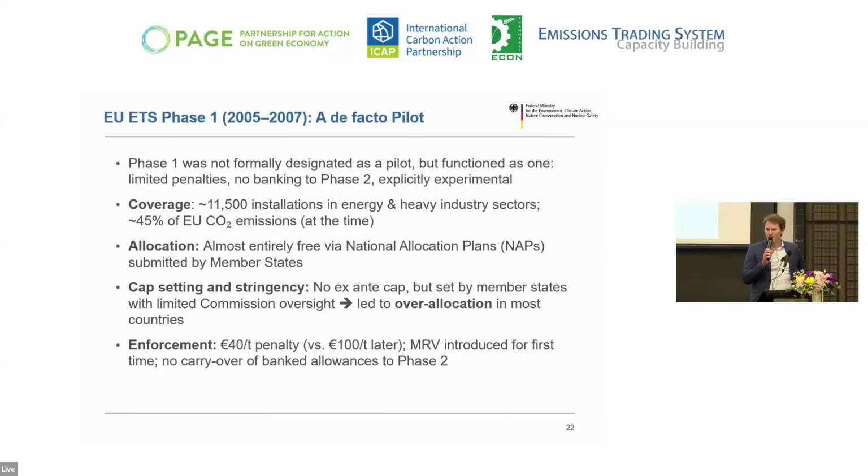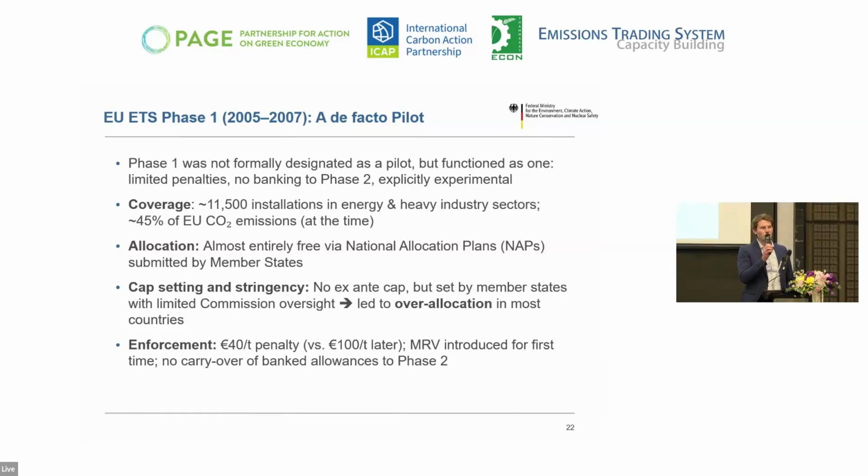At the time, it covered only the energy and heavy industry sectors, around 11,500 installations. And as we also heard from Irini on the second day, the allocation in this first phase was a bottom-up approach through the member states via national allocation plans.